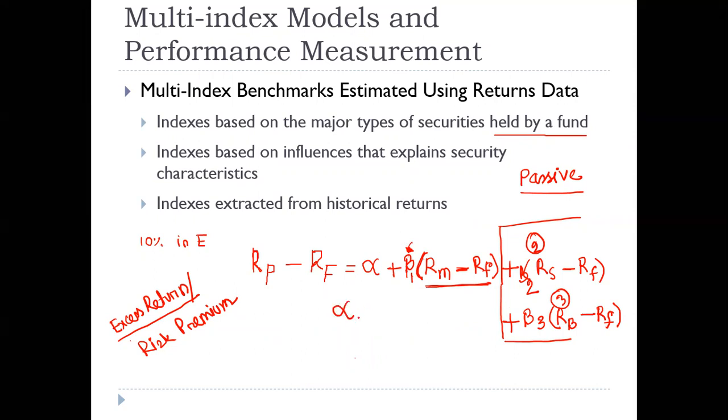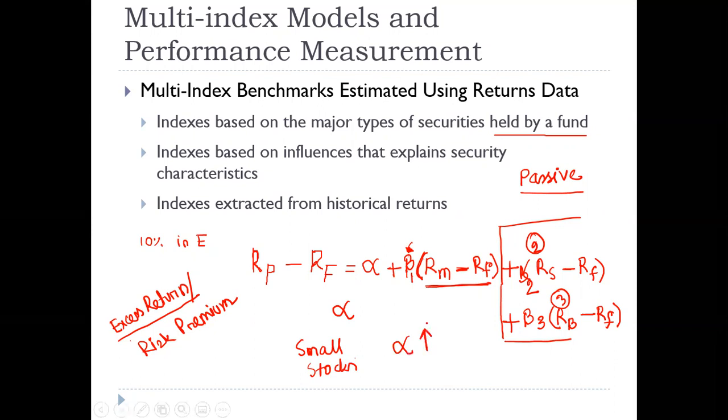And they have also found that the funds which include small stocks have higher alpha, and also the funds which have higher fees also have higher alpha.